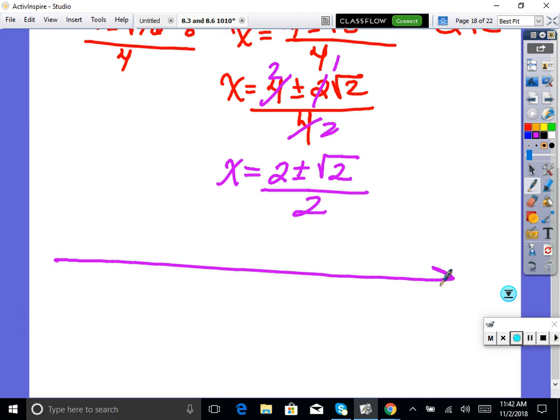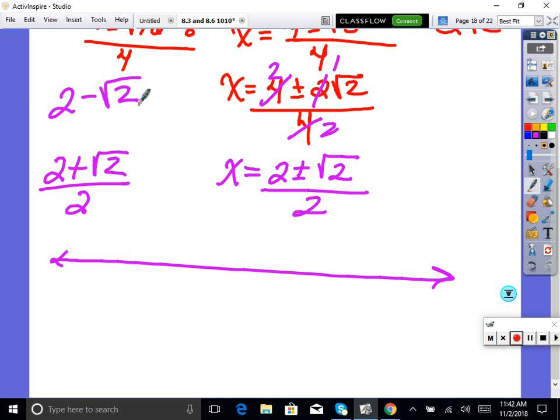So there's our critical values. 2 plus root 2 over 2, and then 2 minus root 2 over 2. Now, I personally would rather put on my number line a decimal. So take your calculator and do 2 minus root 2. You have to hit enter next and then divide it by 2. Give me a decimal. 2 plus root 2 divided by 2, give me a decimal.